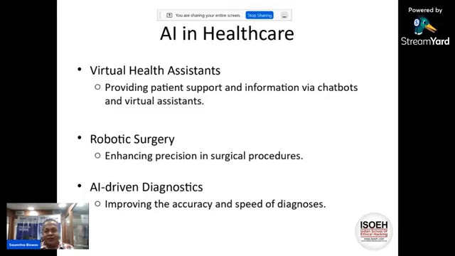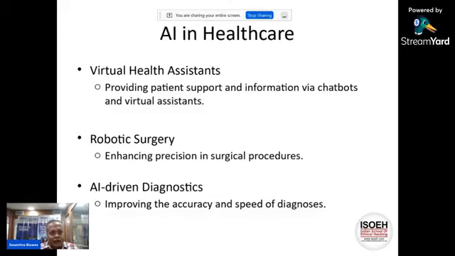Next up is robotic surgery. It is already being done. Now, one question will arise: why are we going to use a robot for performing surgery? See, I have utmost respect for surgeons all over the world, but there might be some human error just because the surgeon is a human.